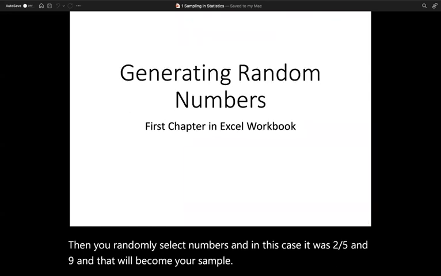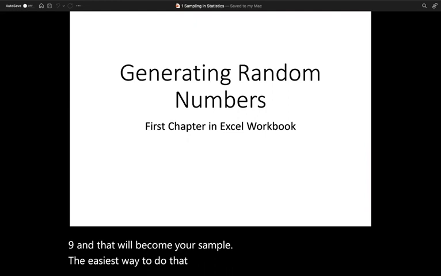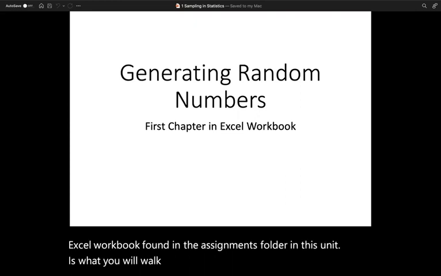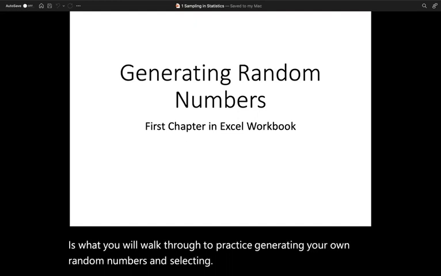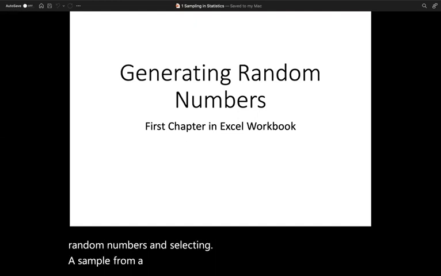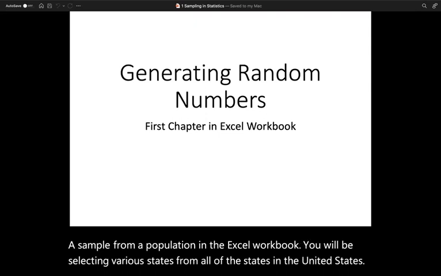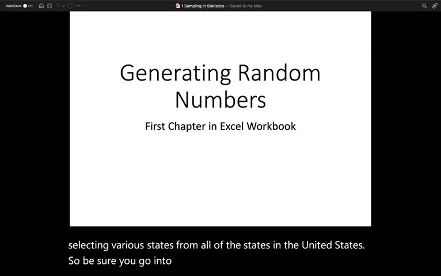The easiest way to do that is in Excel. And the first chapter in the Excel workbook found in the assignments folder in this unit is what you will walk through to practice generating your own random numbers and selecting a sample from a population. In the Excel workbook, you will be selecting various states from all of the states in the United States. So be sure you go into that.